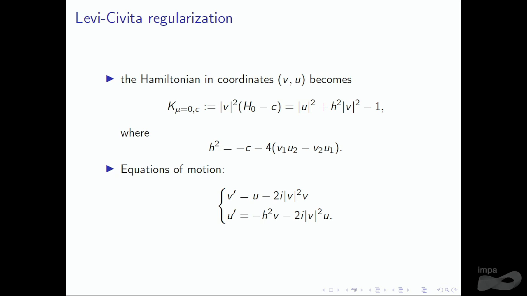Okay. So in the end, after we do the Levi-Civita regularization, our flow is given by these two equations in complex notation here. Okay. So it's integrable, but again, it's not so easy to compute things, it's not so difficult, but it's not so easy to visualize the whole flow with these equations in this way.